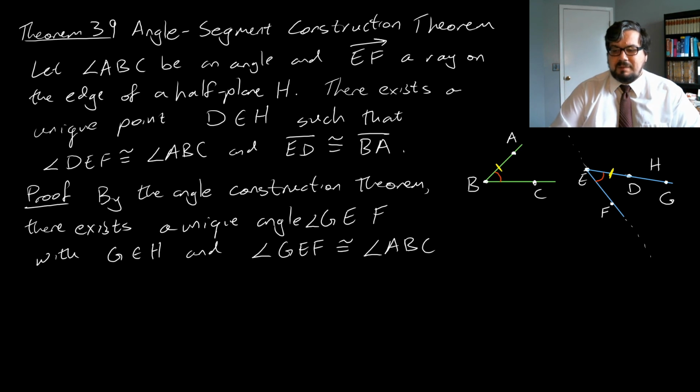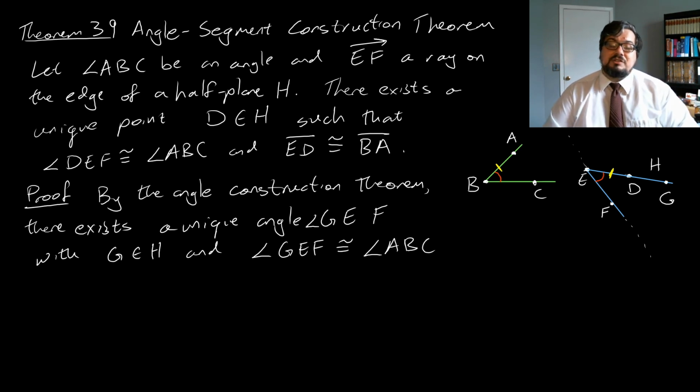So this G might be somewhere out here. The angle construction theorem doesn't give us any control over the point G that's used to define the other side of the angle with EF.